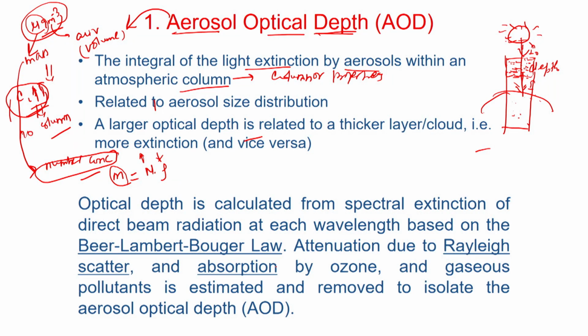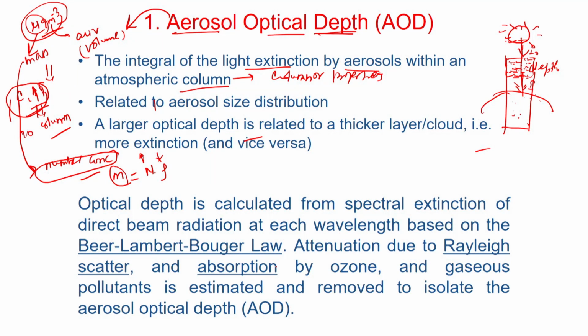Therefore, if you see the particle size distribution, you will see mass is more dominated by the larger mode particles, so size is also related here. Now this is not a columnar property, it is a property that is directly measured per unit volume. You take 1 cubic meter of air and you measure how much concentration is there.